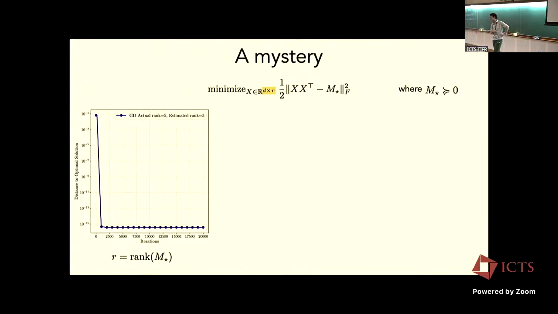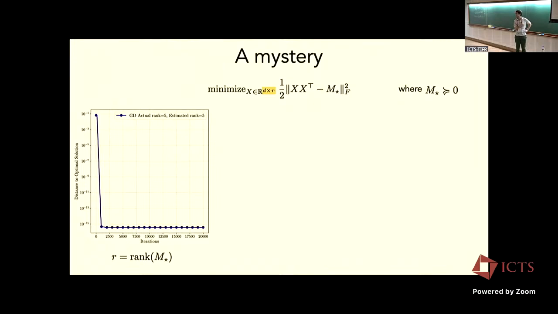I'll call this the exact parameterization setting, because the number of parameters in the matrix X is exactly the number of parameters you need to specify the matrix M star, which is D times R.